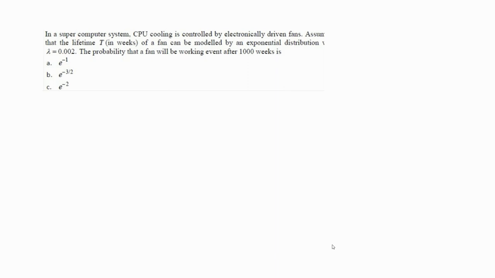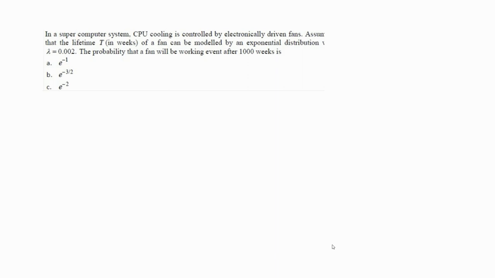So, lifetime generally, when you see problems like lifetime of a bulb or lifetime of a car battery or lifetime of any fan, it generally follows the exponential distribution. It is not that it will always follow exponential distribution, but there is a high chance that it follows the exponential distribution. And the parameter given here is that lambda is equal to 0.002.